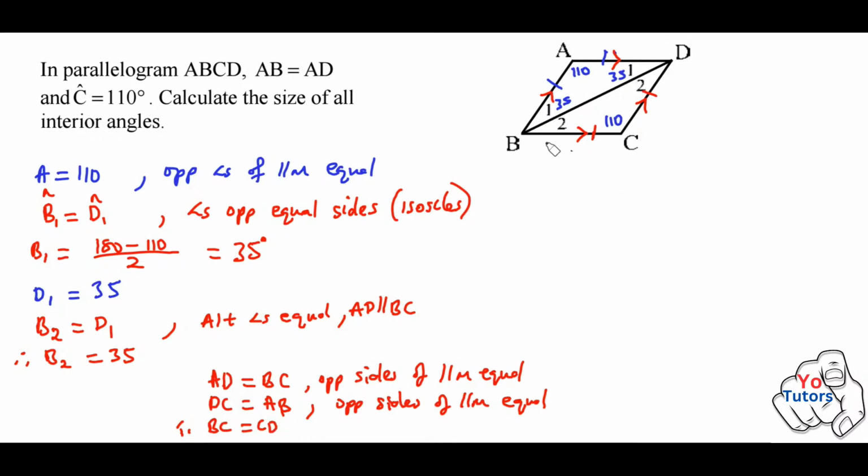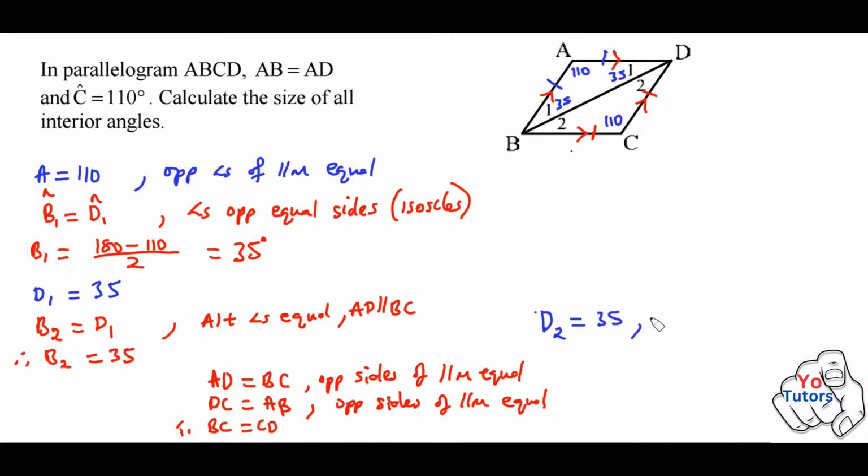Now, once we have BC equals CD, this makes an isosceles. So when you have the isosceles, we can now say D2 will be equal to 35. Why are we saying that?